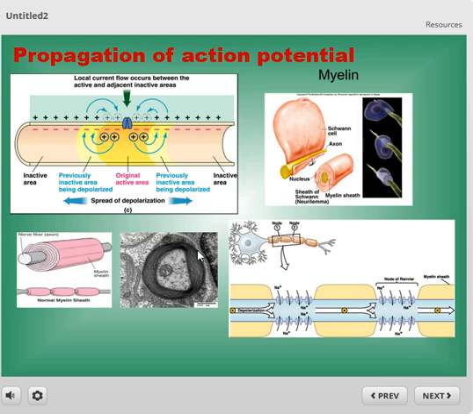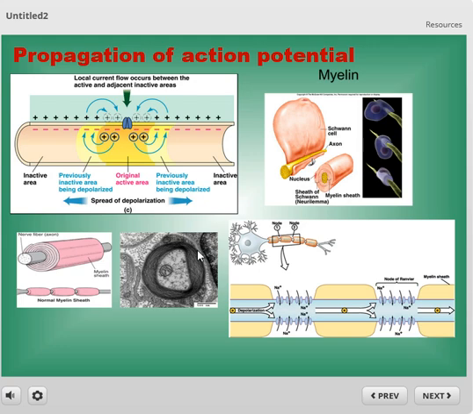In continuous conduction in an unmyelinated axon, the action potential propagates continuously along the membrane. Each segment of the axon undergoes depolarization and repolarization in sequence. This is relatively slow and requires more energy.